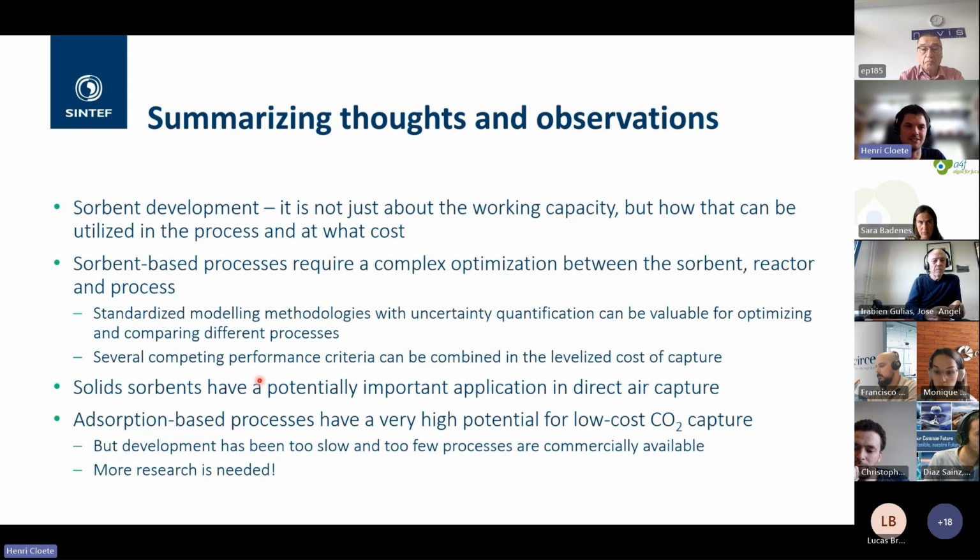It's a problem that these processes aren't commercially available, and the maturity is nowhere near that of the solvent-based processes. So it's a matter of whether these technologies will be developed rapidly enough to be available for the market when we really need to capture a lot of CO2 in the coming years.